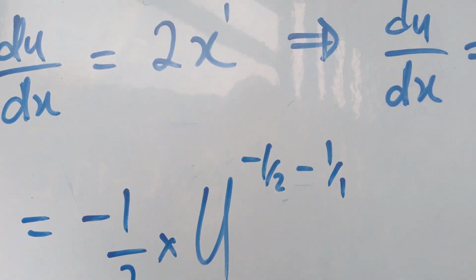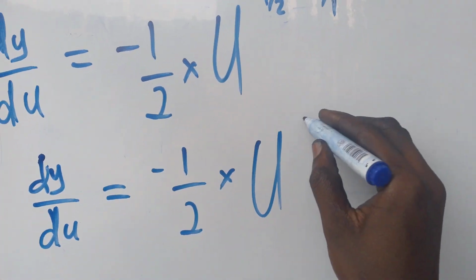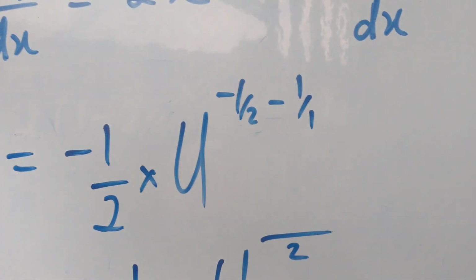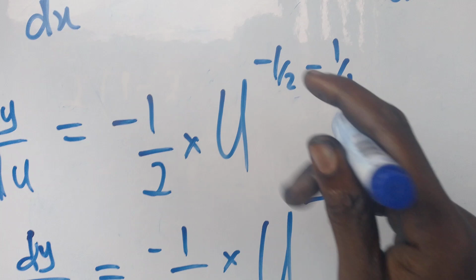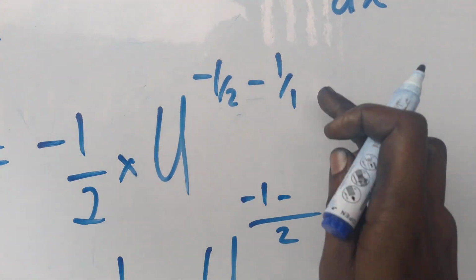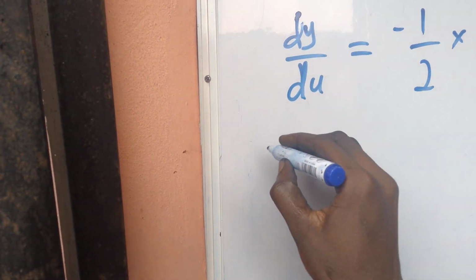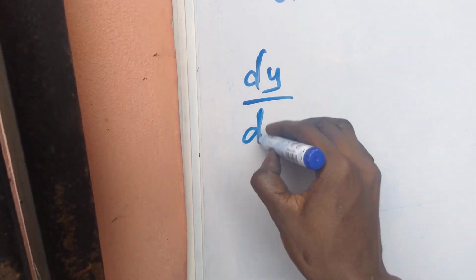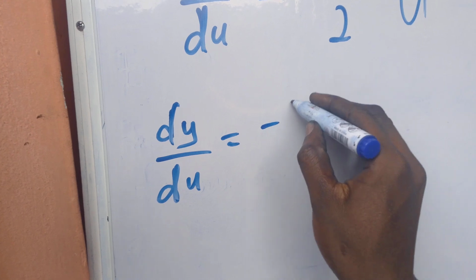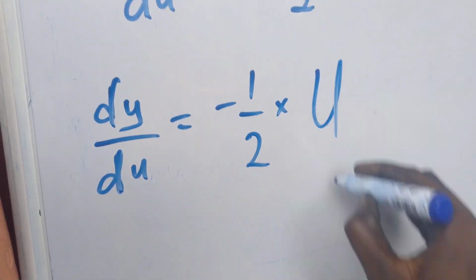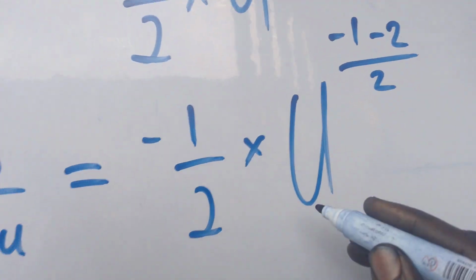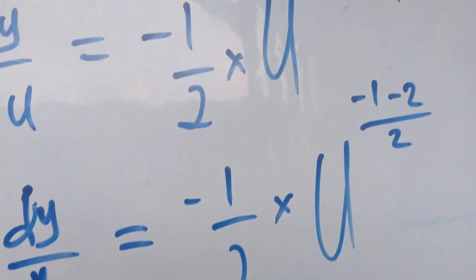So dy du will be equal to minus 1 over 2 times u raised to power, this one has a denominator of 1 over 2, so minus 1 over 2 minus 1 is minus 3 over 2.